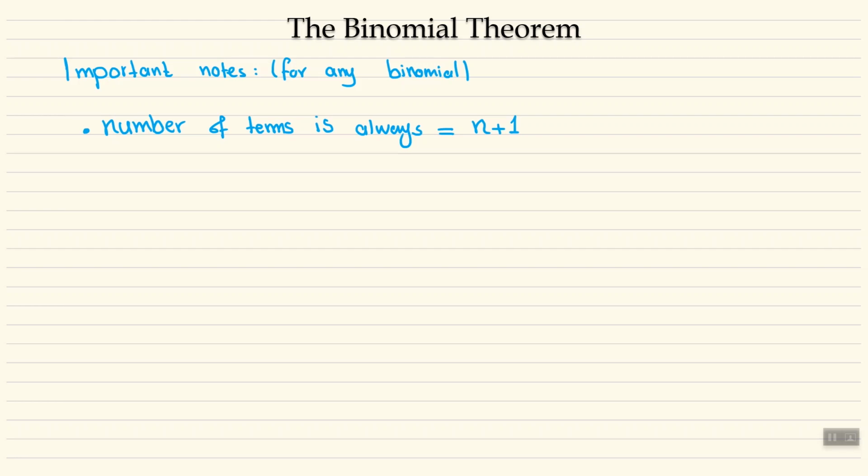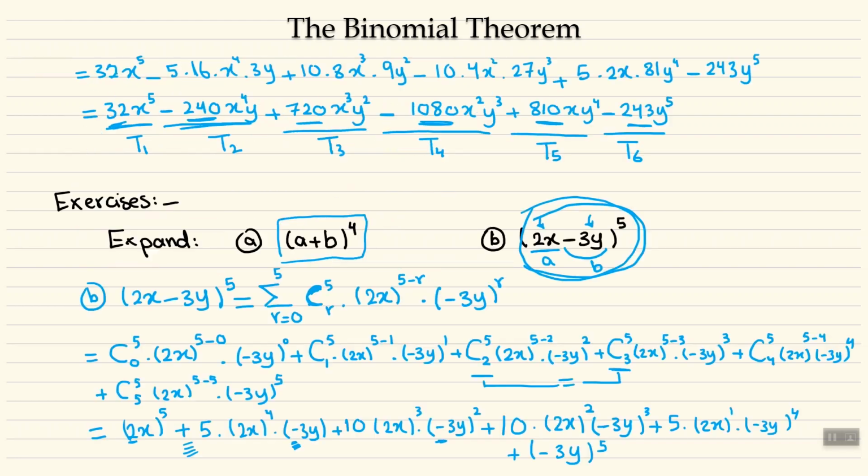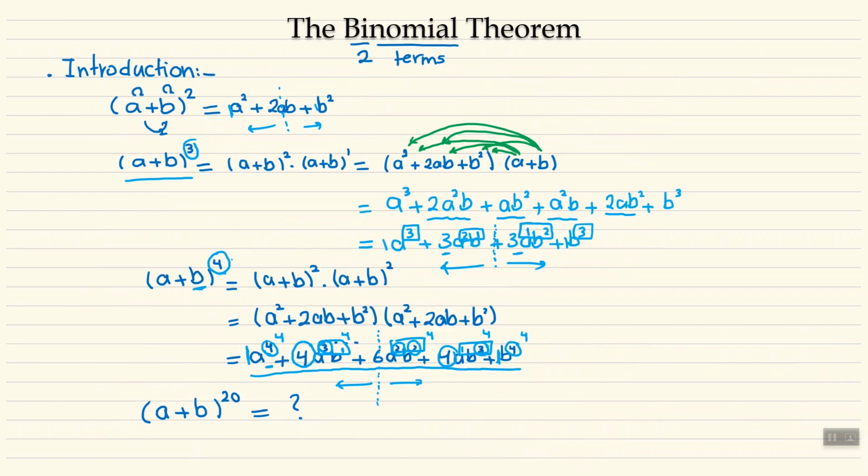Okay, what do we mean by that? Look at the power. What was the power here? Maybe it's here. Okay, what's the power here? The power here is 4, right? How many terms did we get? We got this term, number 1. We got this term, number 2. This term, number 3, 4, and 5.